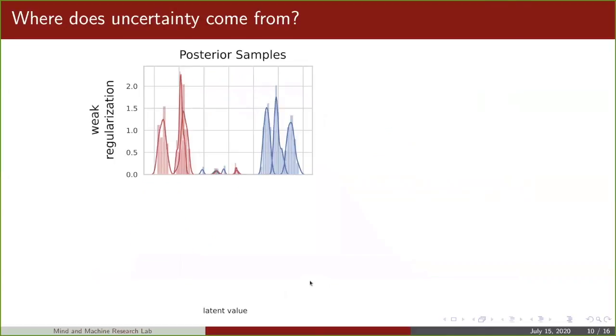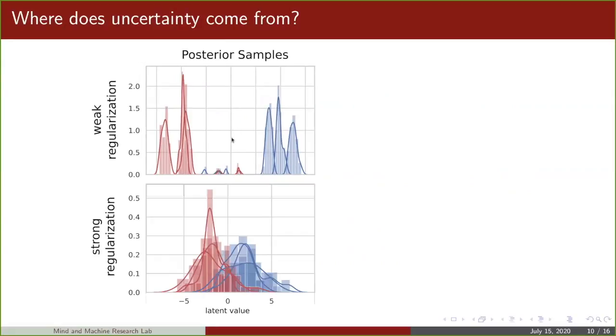And indeed, if we train a model with weak regularization, close to 0, this is what happens. We can see that for these three different input stimuli, we get samples in a very narrow range. There's not a lot of overlap between samples in the same class, and there's absolutely no overlap for samples in different classes.